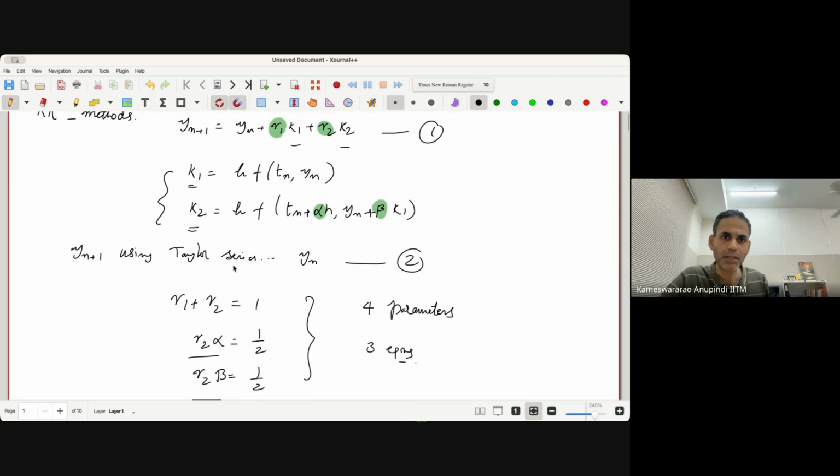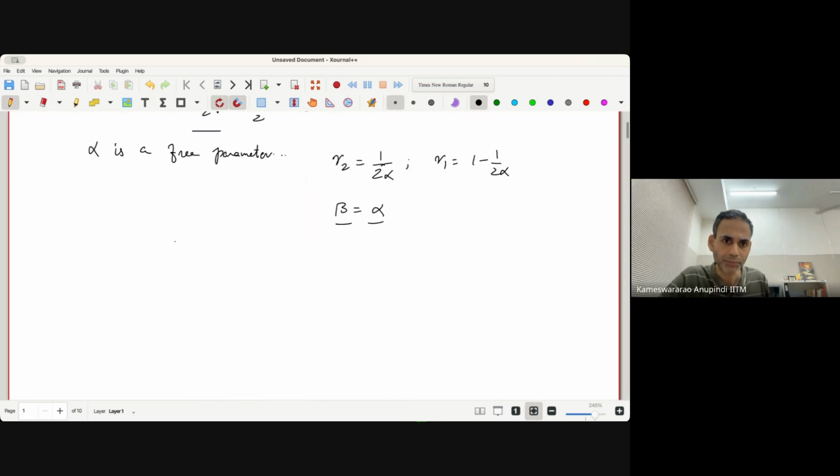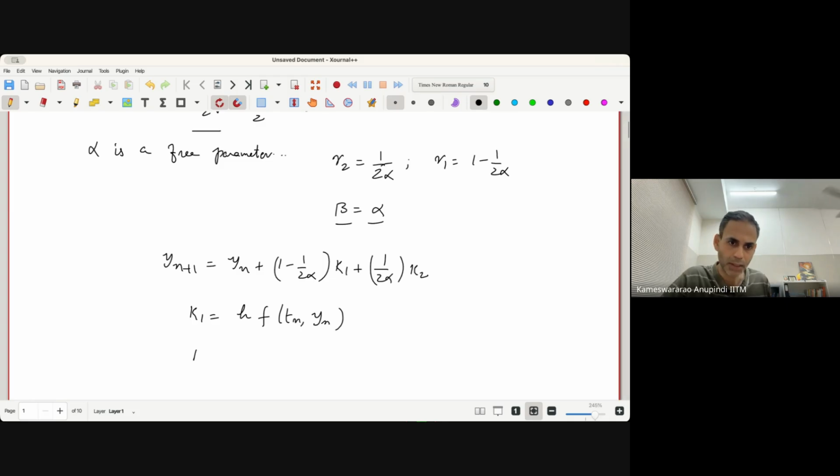That means I can write this equation as yn plus 1 equals yn plus gamma 1, that is 1 minus 1 by 2 alpha, times k1 plus gamma 2, that is 1 by 2 alpha, times k2. And k1 equals h times f of tn comma yn, and k2 equals h times f of tn plus alpha h comma yn plus beta k1.